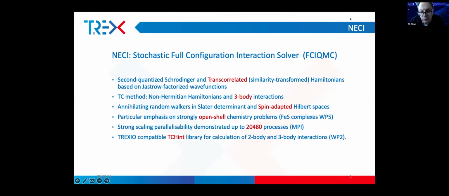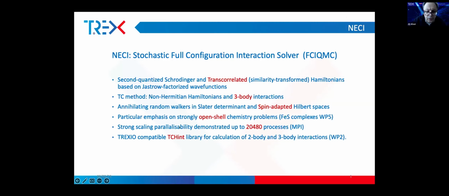We can also handle not only Slater determinant representations of the wave function, but also spin-adapted representations as well, in which one can actually specify the total spin quantum number, not just the number of up electrons and down electrons, but you can target specific spin states with a specific S quantum number. And this is particularly useful in treating open shell quantum chemical problems with many open shell electrons.